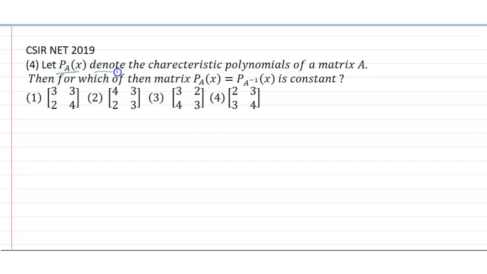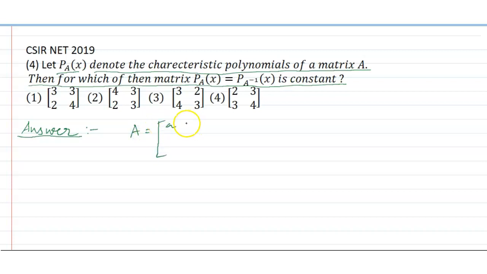PA(x) denotes the characteristic polynomial of a matrix A, and then which of the matrices satisfies PA is equal to PA inverse is constant. So friends, now we start giving the answer. Let A be the matrix with entries a, b, c, d.